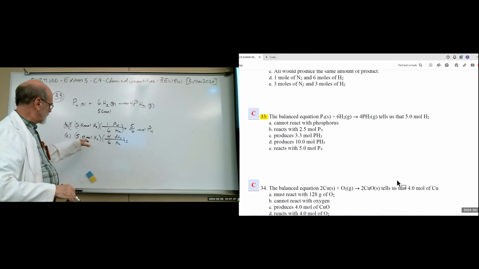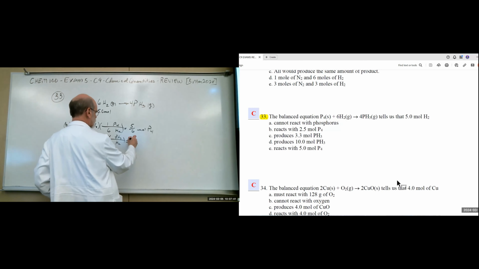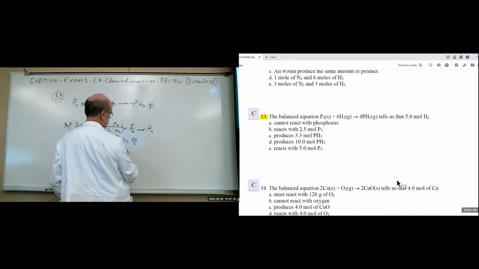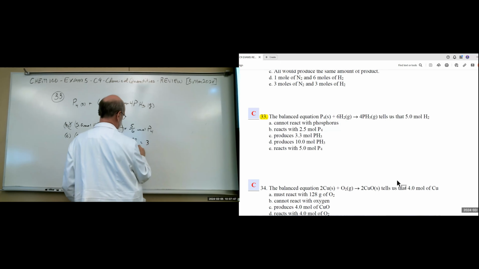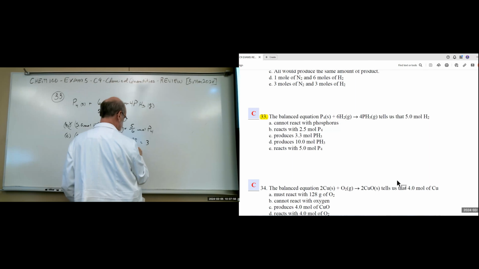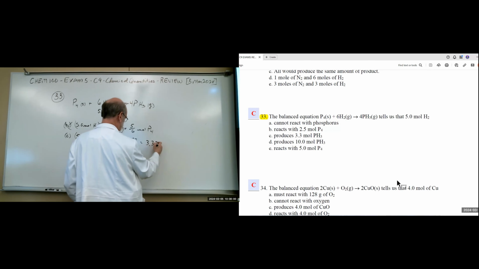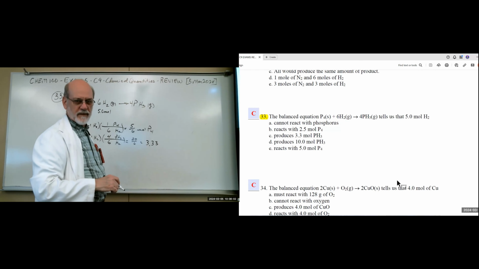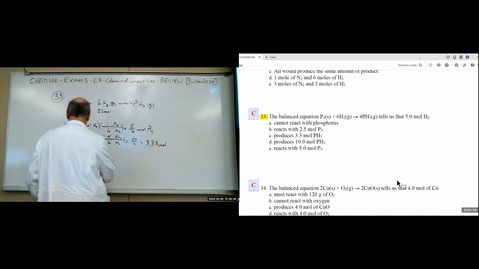So 2/3 of that, 4 times 5 is 20 divided by 6. What's 20 divided by 6? Let's see, 6 into 20 is 3.33 moles. Yeah.